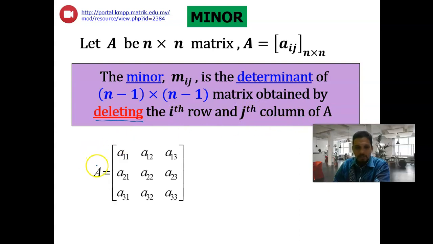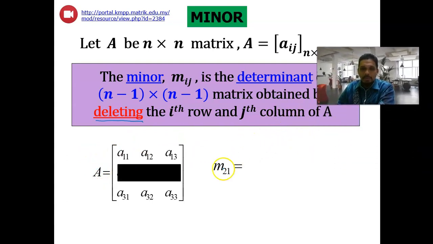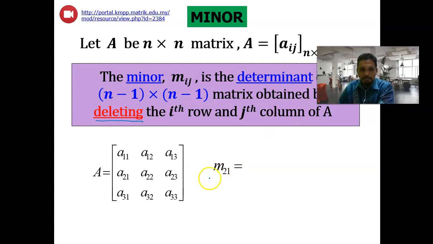So this is a matrix A, for example. Let's find the minor of 2, 1. The 2 is row number 2 and 1 is column number 1. Row 2 and column 1 meet at the element a21.